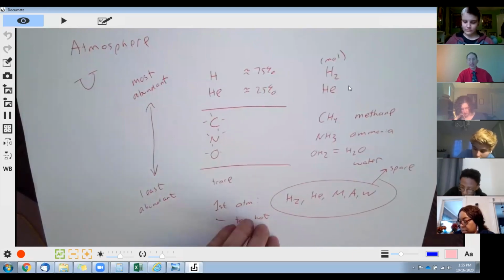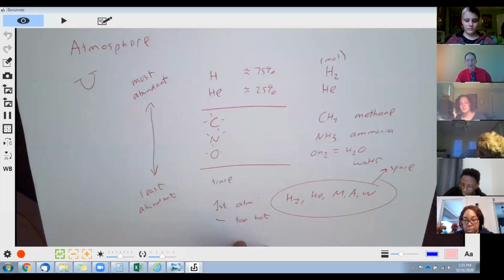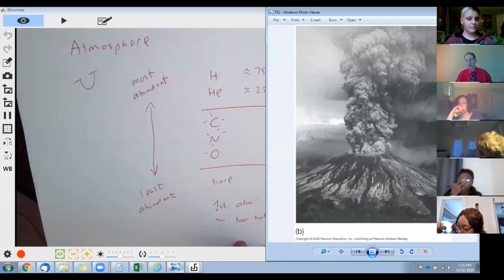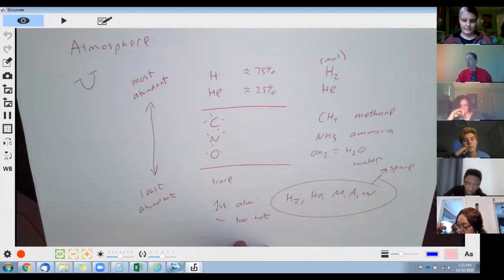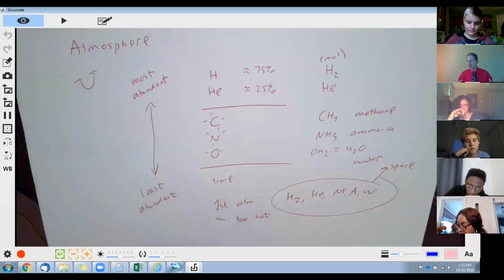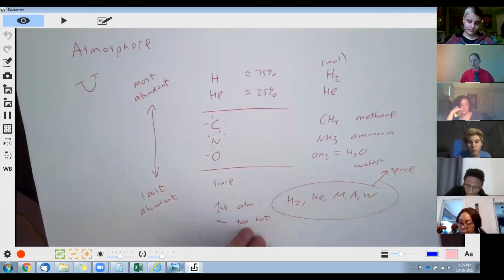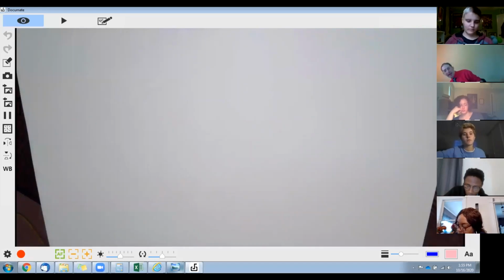So the second atmosphere comes from the volcanoes. As Earth begins to solidify, initially we had lots of volcanoes. It was much more volcanically active.